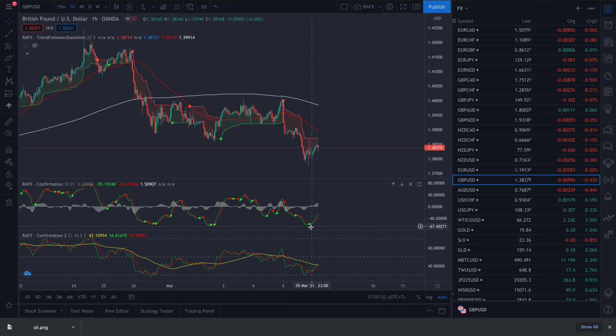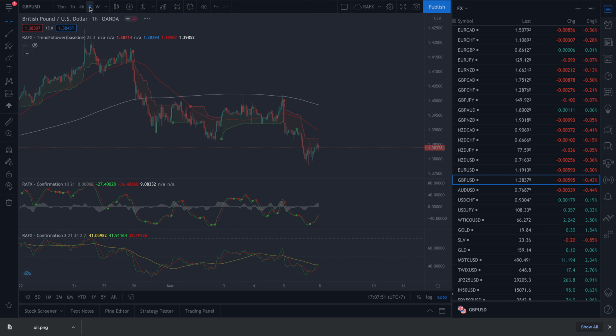Confirmation just gave us the buy signal, but the trend follower and confirmation 2 are still on the sell signal, so we don't have a long entry yet for GBP USD.